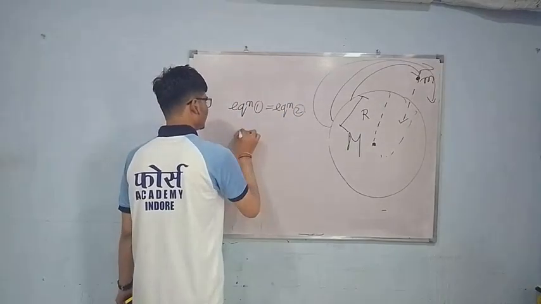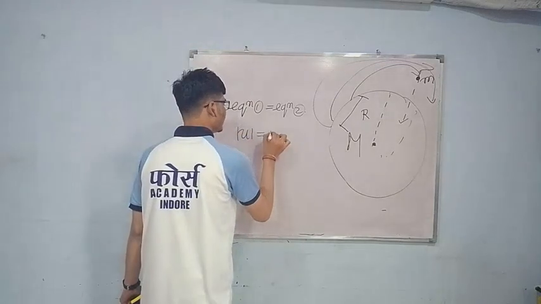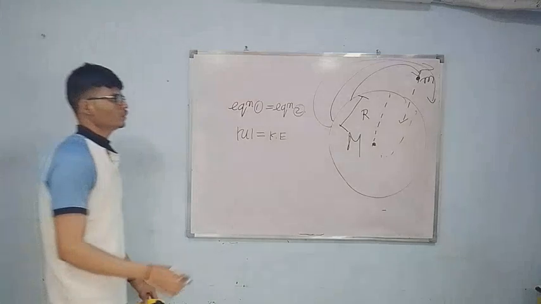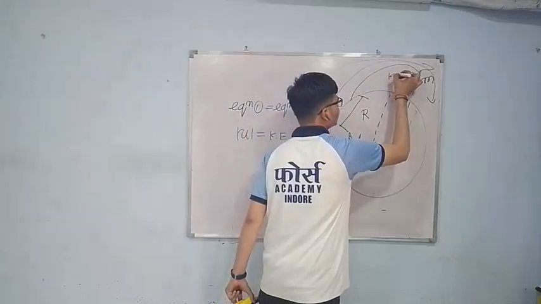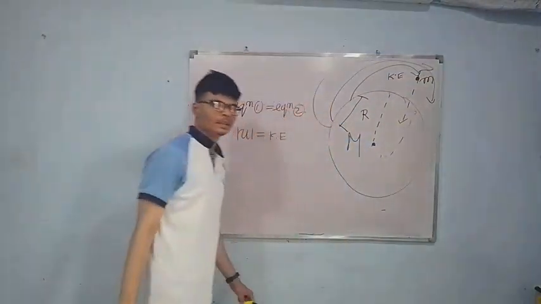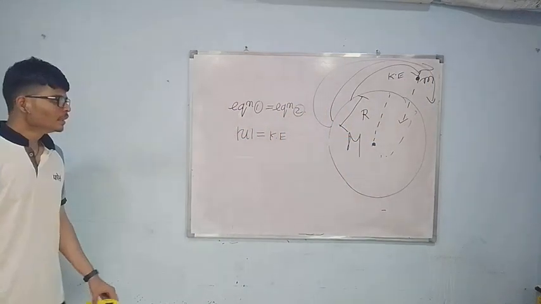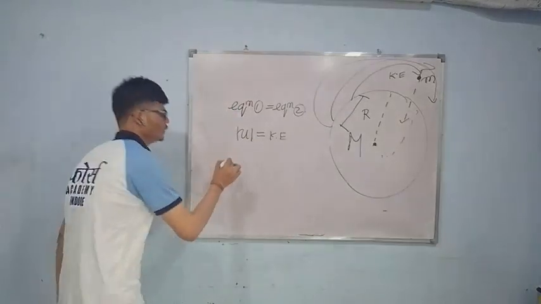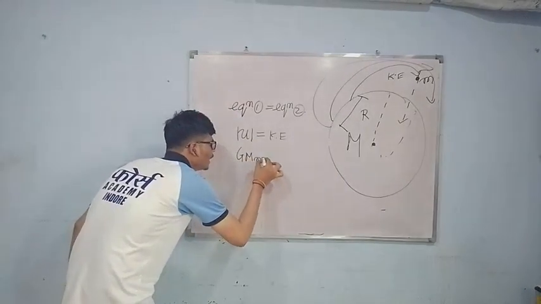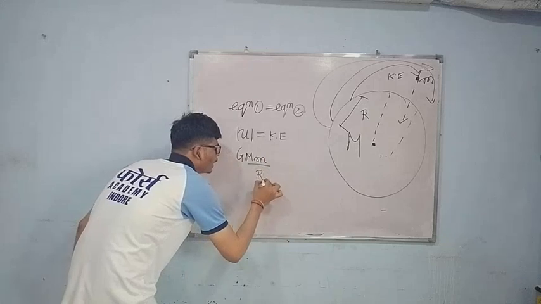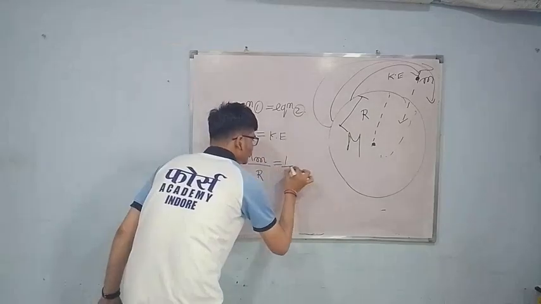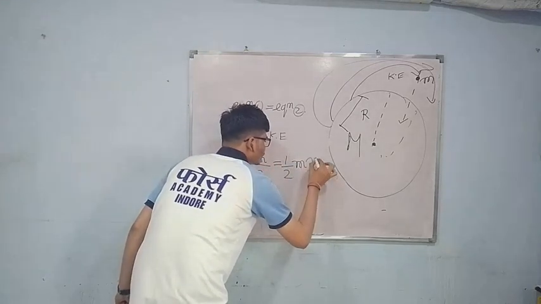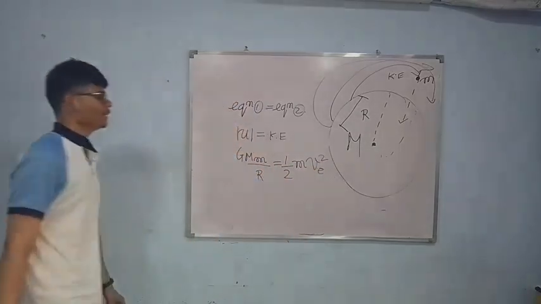So mod of U must be equal to the kinetic energy the object attains when it is thrown vertically upward, so that it can oppose the Earth's gravitational pull. The value of mod of U is GMm by R, and the kinetic energy is half m Ve square.